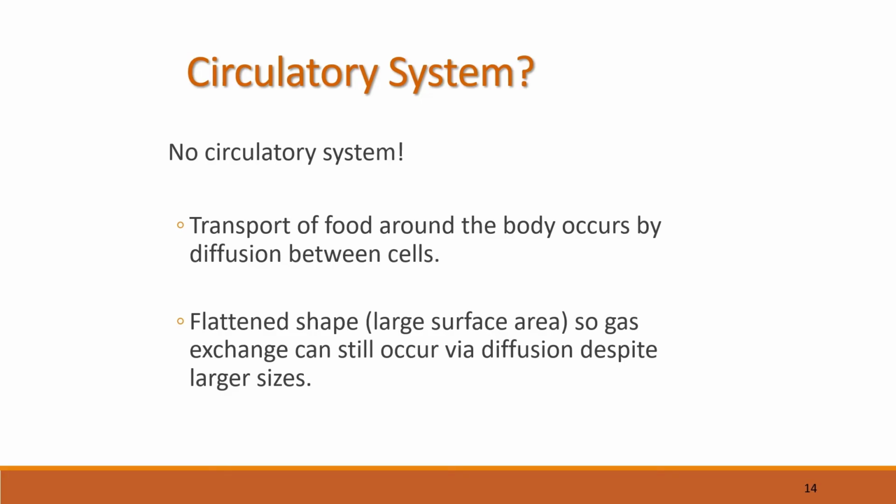So it gets much and much slower as it tries to transport things over a greater distance. So without a circulatory system to transport oxygen or CO2, they've evolved this flattened shape to allow more efficient diffusion to occur even as they increase in size. So this flattened body plan creates this larger surface area, so more gas exchange can occur via diffusion.